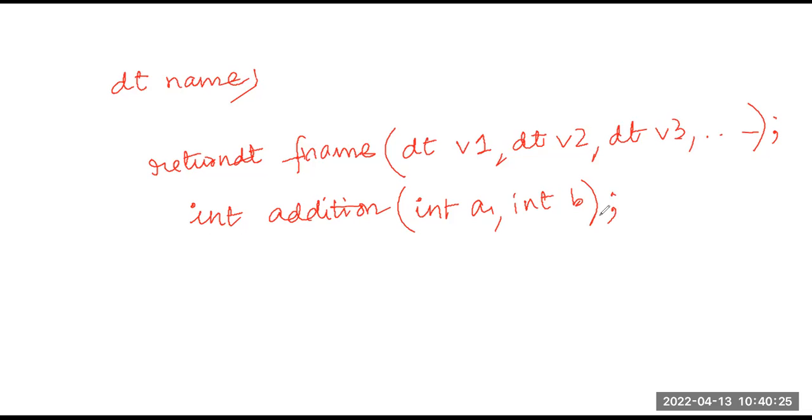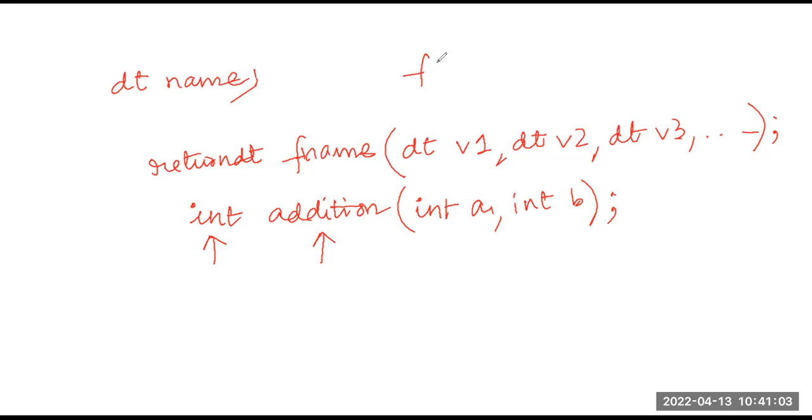Now, what will the function name do? This function name will be a valid name for the function. That means by seeing this name, the user will understand that this function has to do something with addition. What is the return data type? The return data type specifies the data type of the value that will be returned from the called function to the calling function.